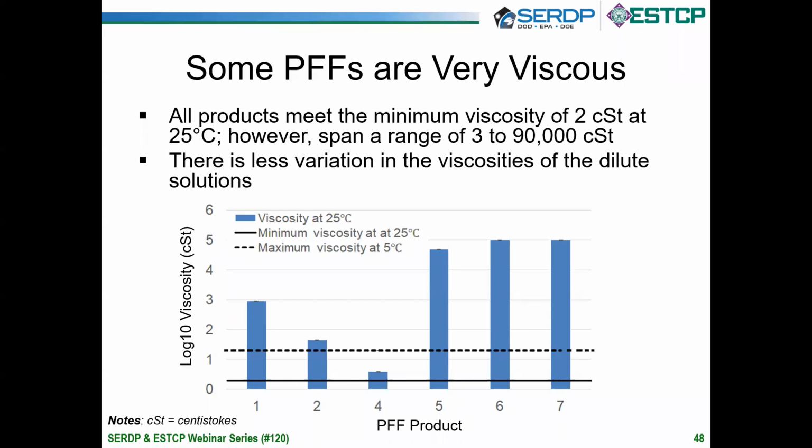And since the products we are looking at, by and large, do not have the film forming capability like the ones that we're trying to replace, there's an attempt to increase the viscosity and thus improve the fire performance. So for example, the maximum viscosity at 5 degrees is shown here by the dashed line, but even at room temperature, 25 C, the viscosities are quite a bit higher.